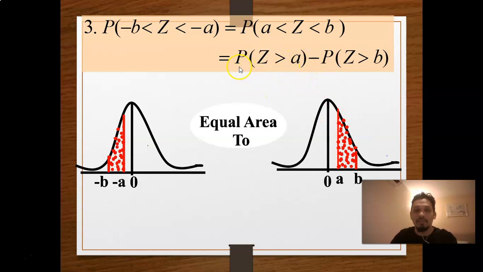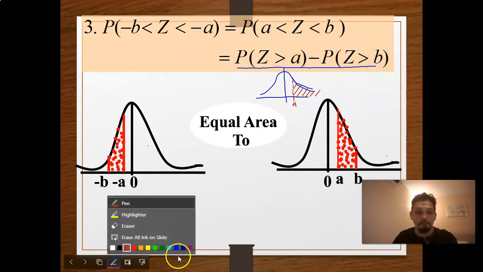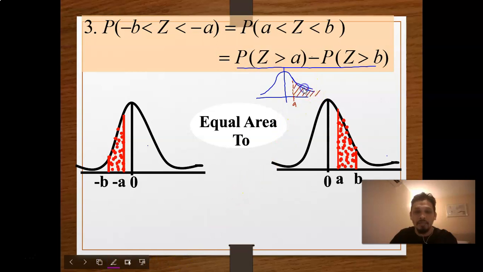Okay, if I just imagine this one here, then for the first property of Z greater than A, just imagine that there's A here, minus the probability of Z greater than B. Just imagine that there's a B here.